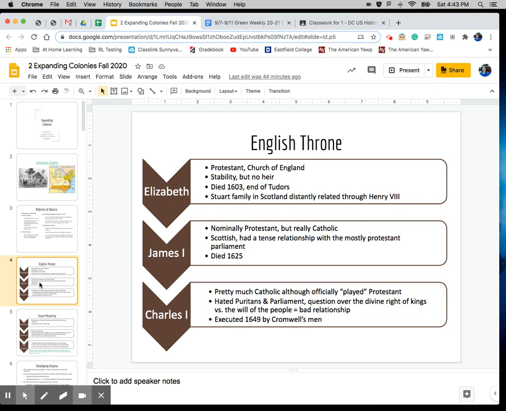But because she passes away in 1603, there's no more Tudors, right? So she has made an arrangement with the Stuarts in Scotland, okay? And I don't want to bore you with the whole Plantagenet War of the Roses, but there's a connection back there. Needless to say, the Stuarts become the monarchs of England.